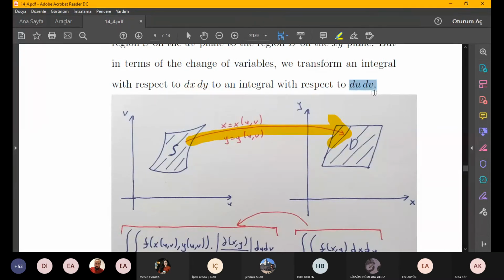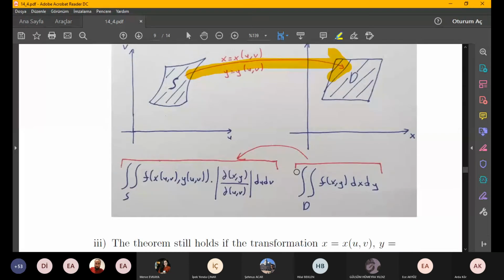So this is what we do. We will now try to find that integration, try to define the integration by using that transformation in that way.